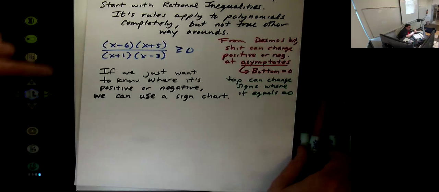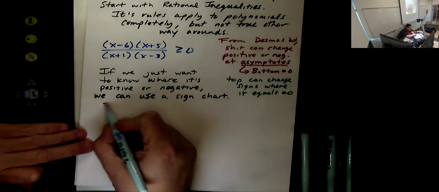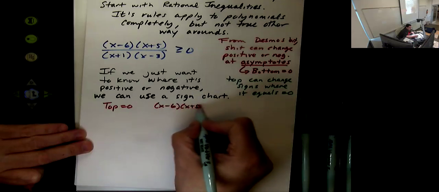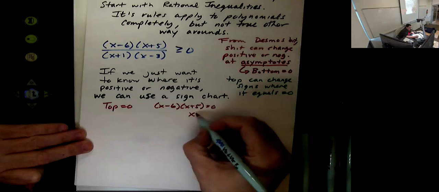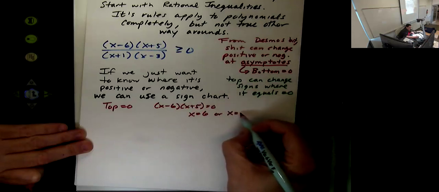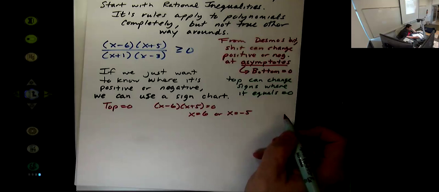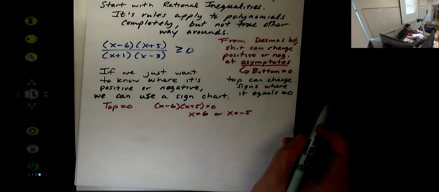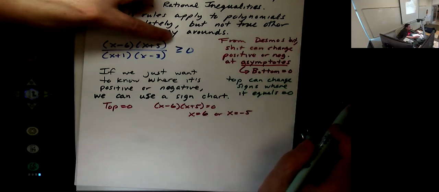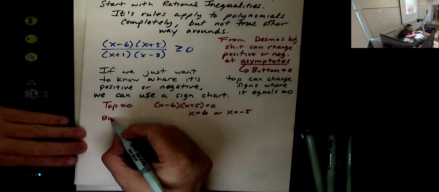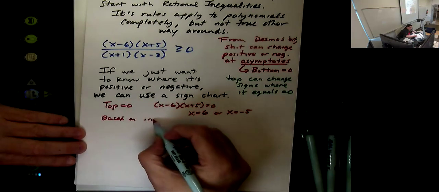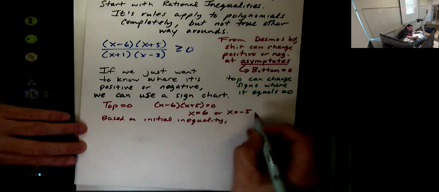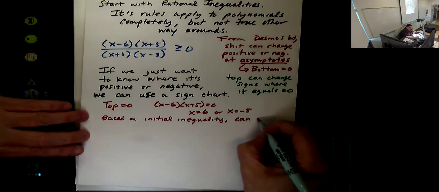Okay. So we can see the top can equal 0. If we set it equal to 0, we see it can happen at x equals 6 or x equals -5. Based on the initial inequality, can I include 6 or -5?